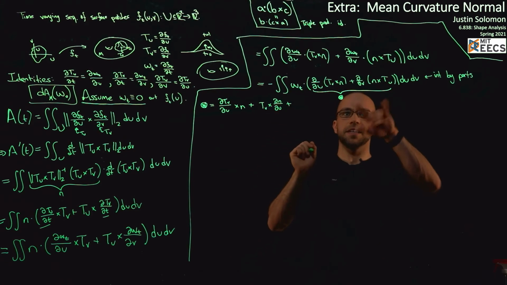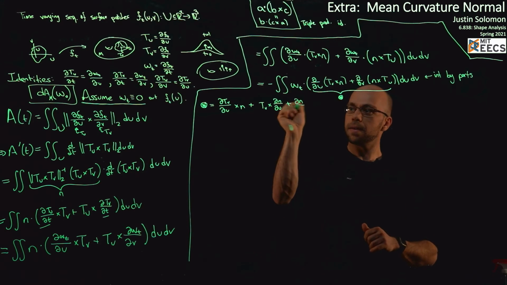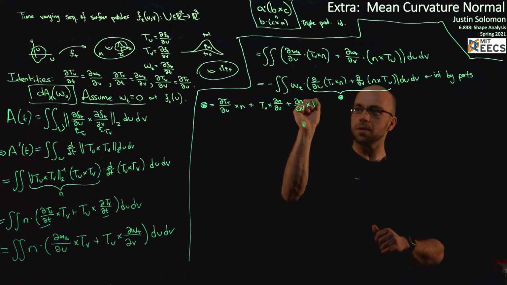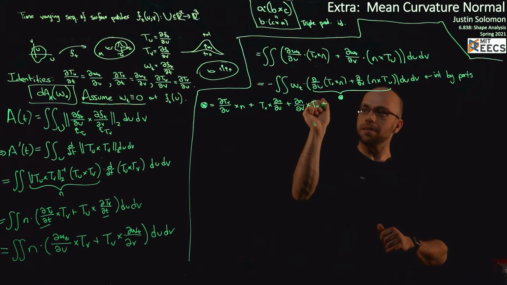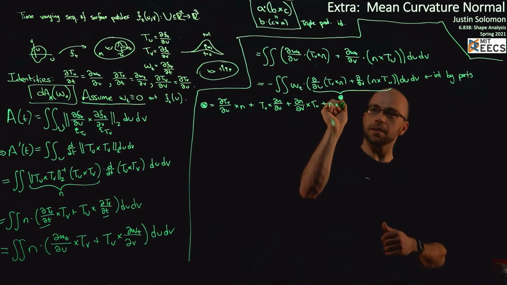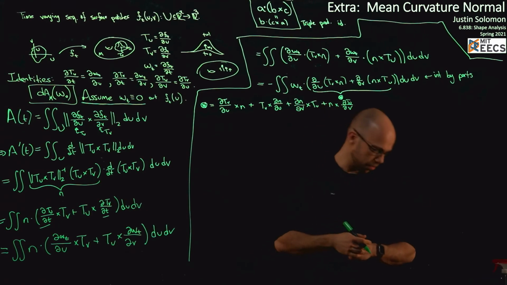And now let's differentiate the second term here. So we're going to get dn/dv cross product tu. And then finally, we'll get n cross product dtu/dv. Okay, so that's just the product rule.